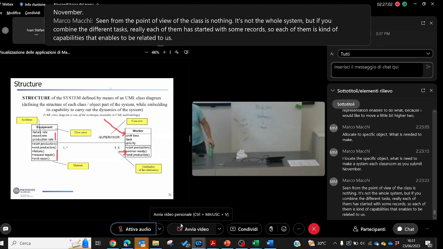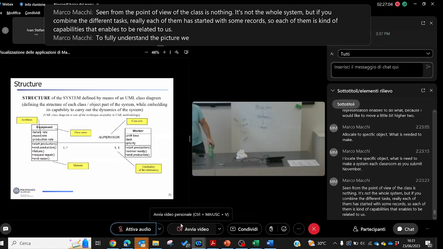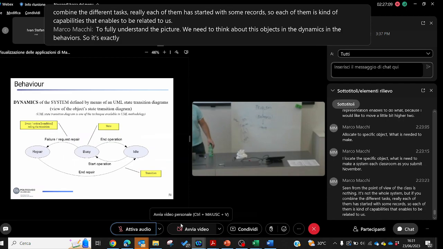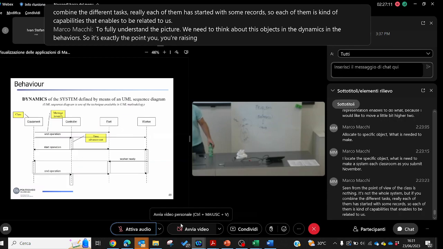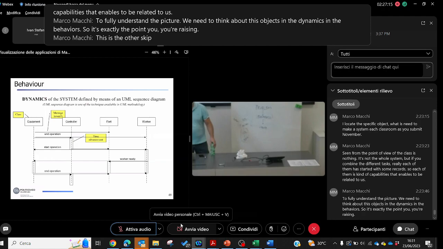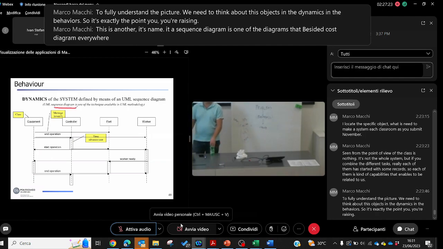To fully understand the picture, we need to think about these objects in their dynamics, in their behaviors. So it's exactly the point you're raising. This is another scheme, named the sequence diagram. It's one of the diagrams beside the class diagram you may have here.